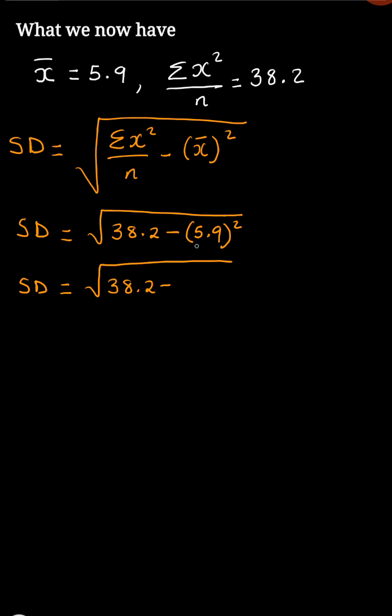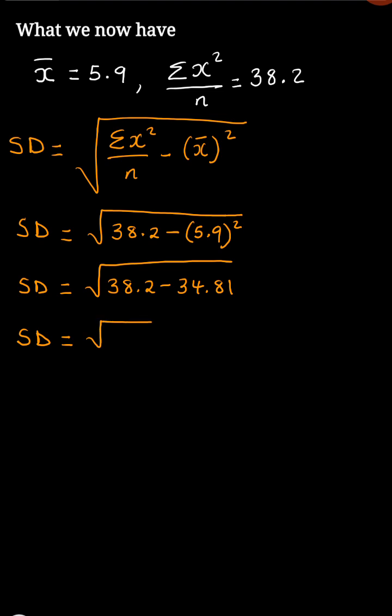Now, 5.9 to the power 2 will give you 34.81.